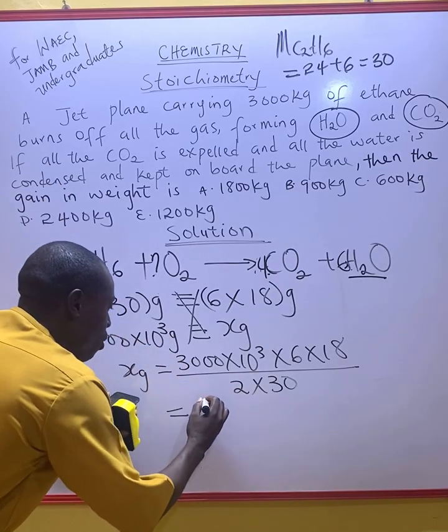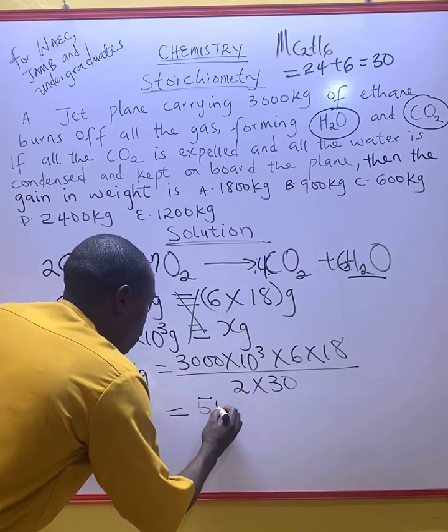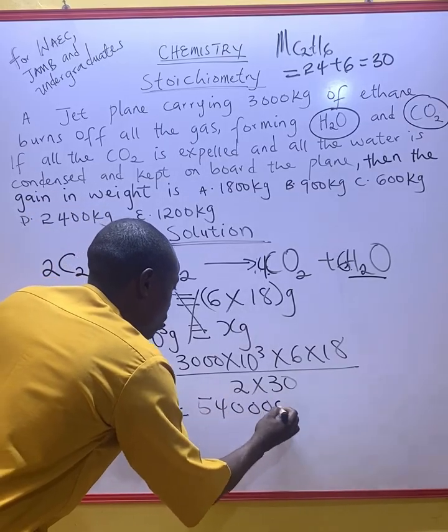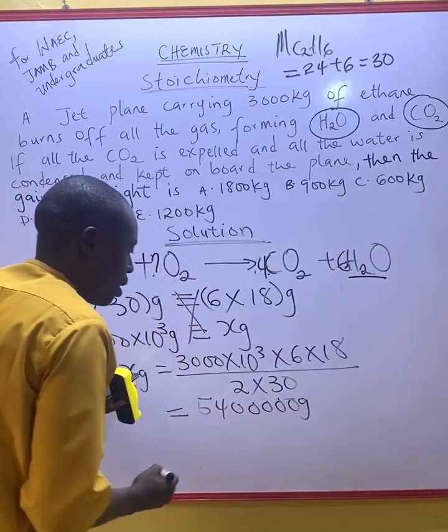Now, when you do everything here with your calculator, you'll be having 5,400,000 grams. Now what do we do next?